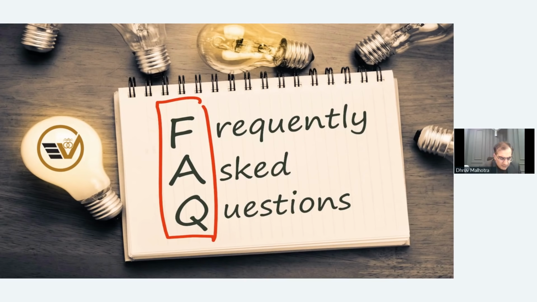Question number 10. What is the effect of hot vapor entering into the vacuum system? What is the maximum temperature of the vapor that can enter into the vacuum system? Typically our recommendation is that when vapor is coming from the process, the ideal vapor temperature should not be higher than 50 or 60 degrees.